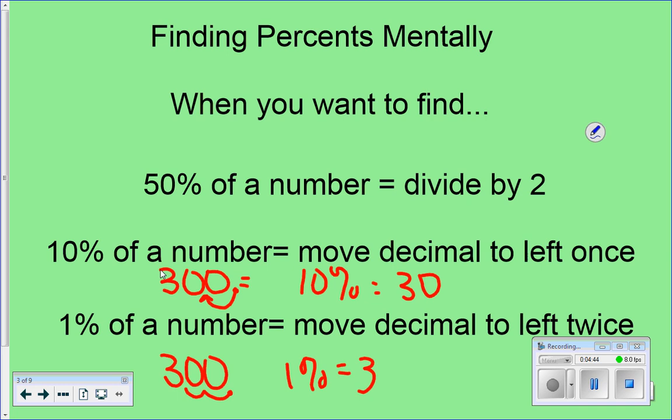Well, all I have to do is divide this by 2. Because what's 10 divided by 2? 5. So 30 divided by 2 would be 15, so I know 5% would be 15. What if I want to find 20%? All I have to do is double this to get 20%, right? So I've got to double that. So what do you think 20% is? 60. Yep, so you can use 10% to find literally every single thing you need to know. 1%, not so much, but if you can remember how to find 10%, you're good to go.